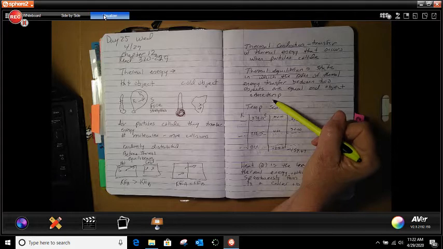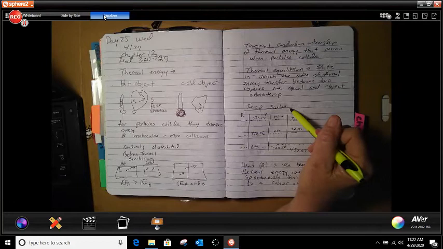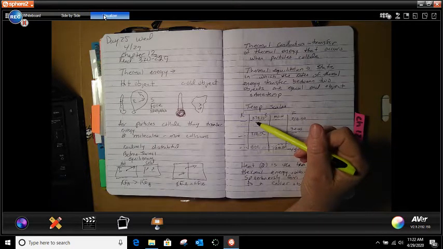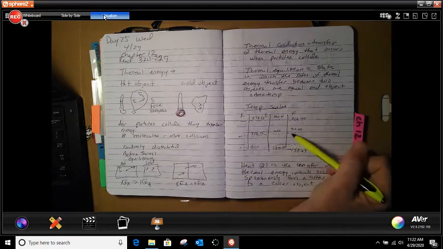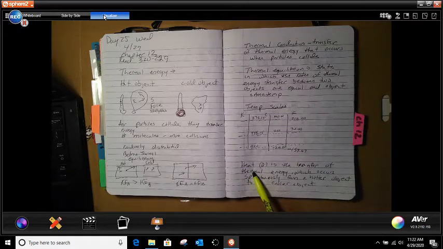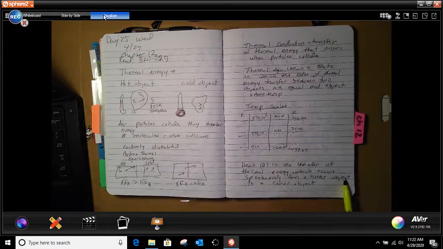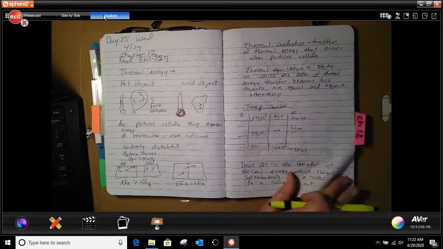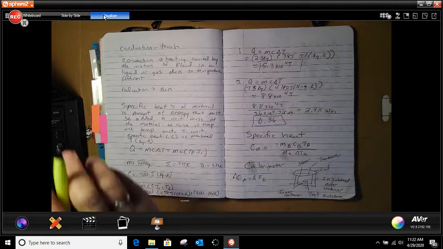Here they're telling you there are three temperature scales, which you can remember from chemistry class: Kelvin, Celsius, and Fahrenheit, and it's showing you the difference between those. Okay, heat is a transfer of thermal energy which occurs spontaneously from a hotter object to a cooler one. And then it goes into conduction, convection, and radiation.